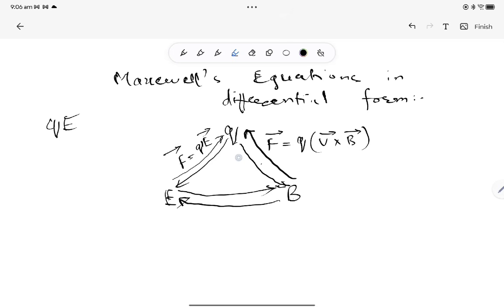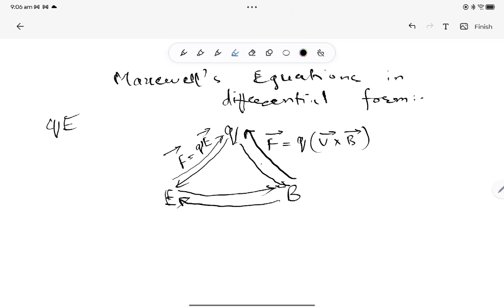Now, this QEB triangle summarizes our laws of electromagnetism. We will now like to express them mathematically, because until you are able to express things in mathematical language, you are not sure about their utility, about their importance.